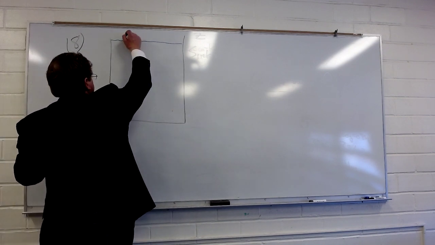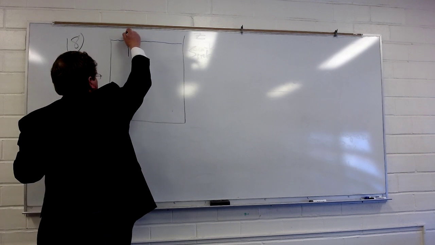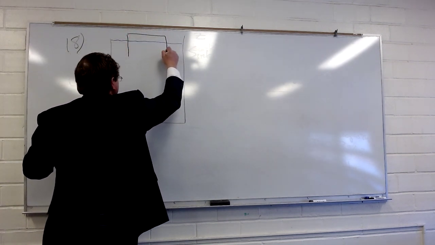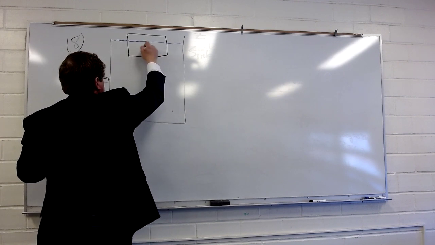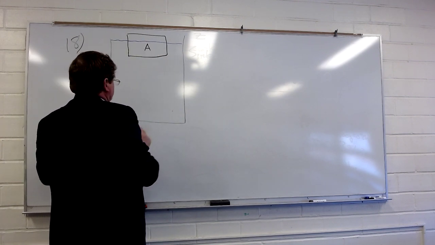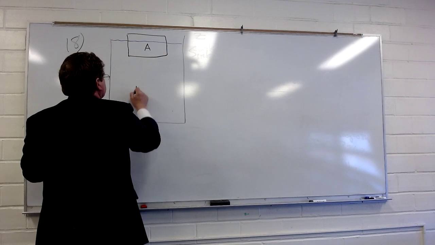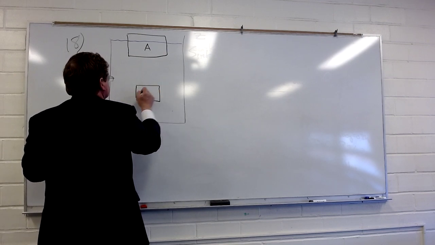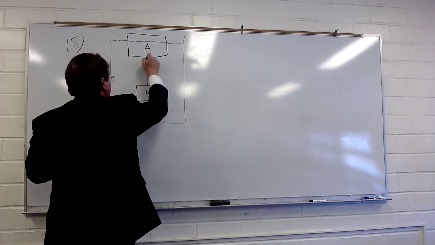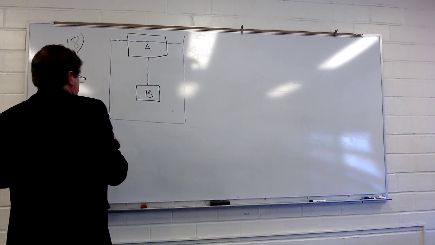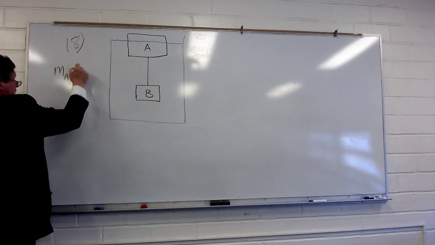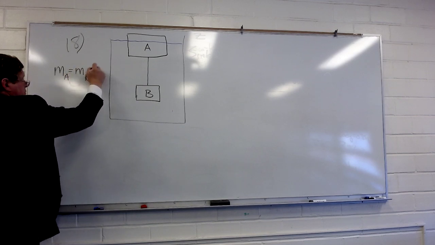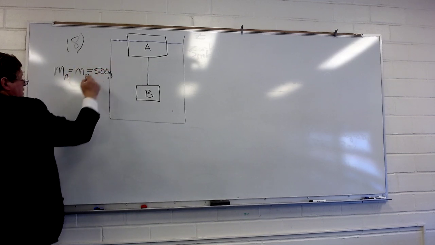We have 2 blocks. We have block A and we have block B. Now, we're told that the mass of block A is equal to the mass of block B is equal to 500 grams, which is 0.5 kilograms.